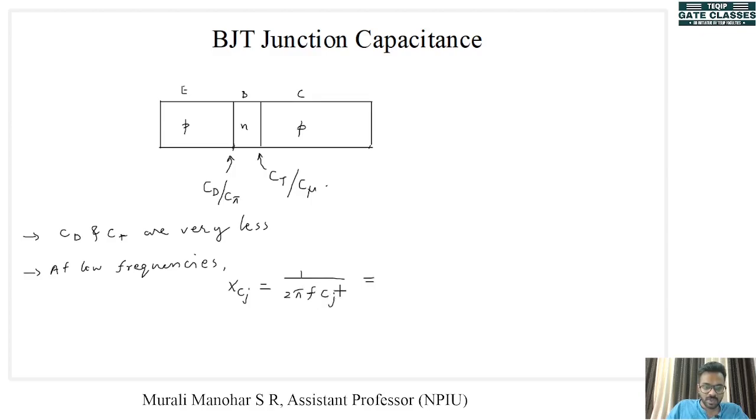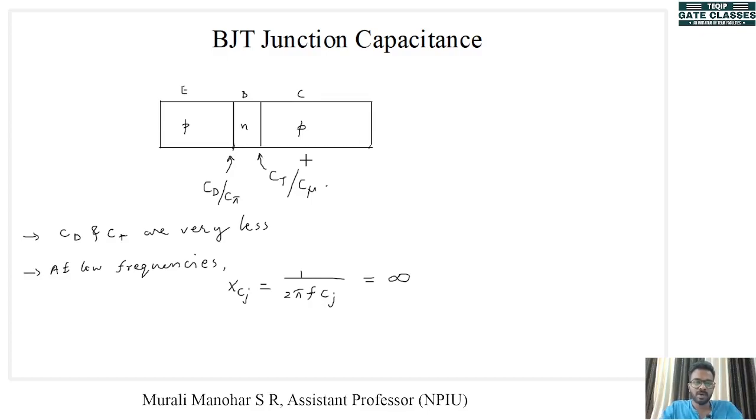Now F is low, Cj is also low. So these reactances will be very high value and we can take them as infinity. That means at low frequencies these capacitances will act as an open circuit. So we don't have to consider them when we are analyzing our BJT using small signal low frequency analysis.